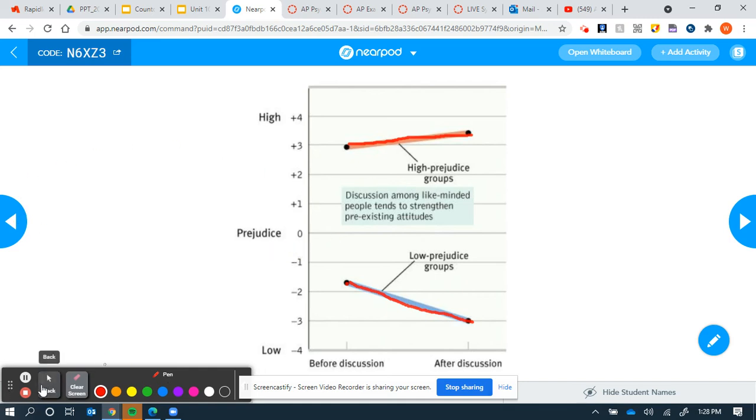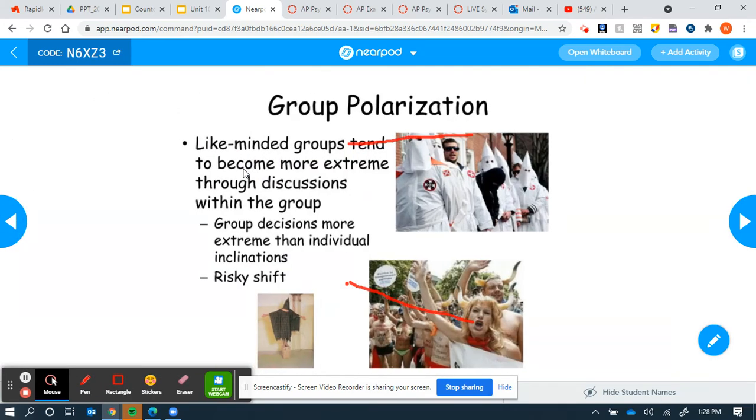So, an example of this is QAnon. Really, if you spend any time on online forums, you can see as a topic comes up, it just gets more and more extreme.